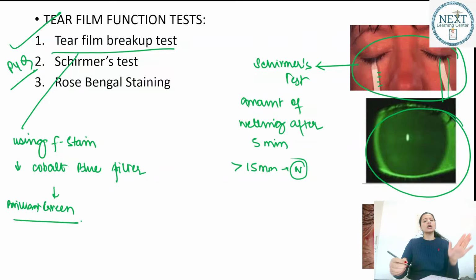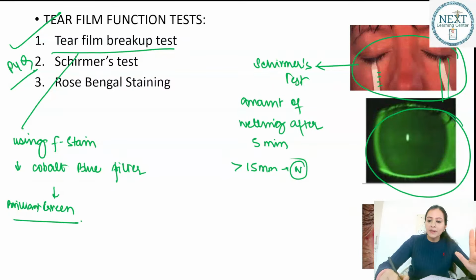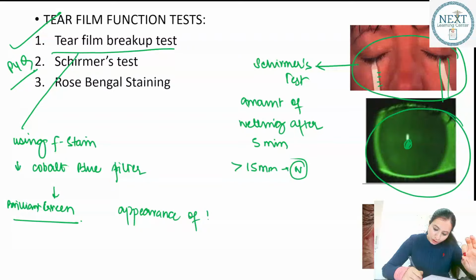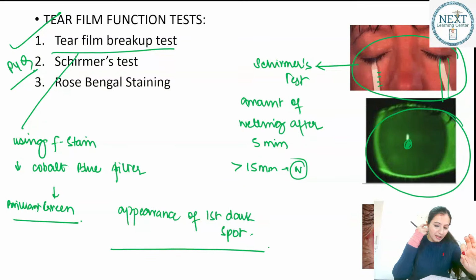So you stain the tear film with a fluorescein stain and you look for the appearance of the first dark spot. Where will the dark spot appear? It will appear at the site where the tear film has broken. So you look for the appearance of the first dark spot, and that is the site of breaking of tear film. Normally it is more than 10 seconds.